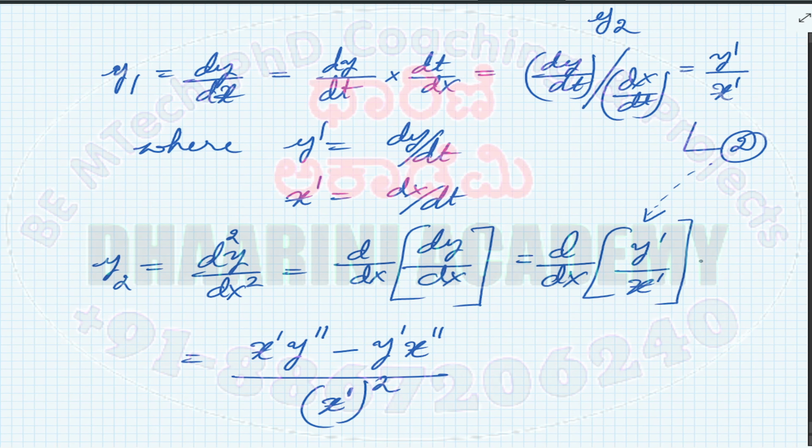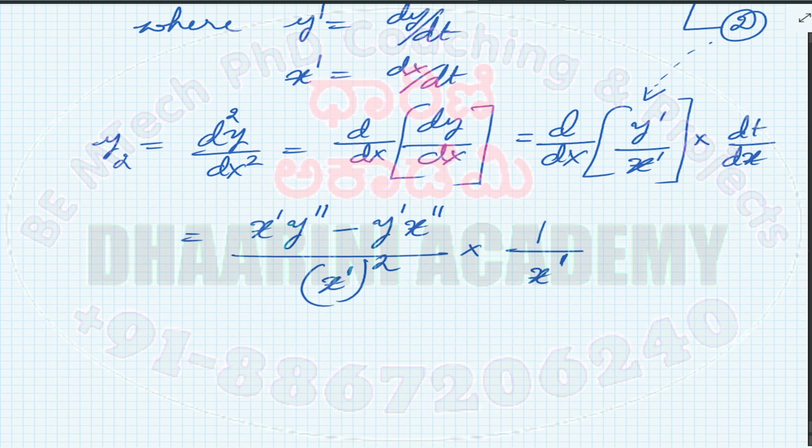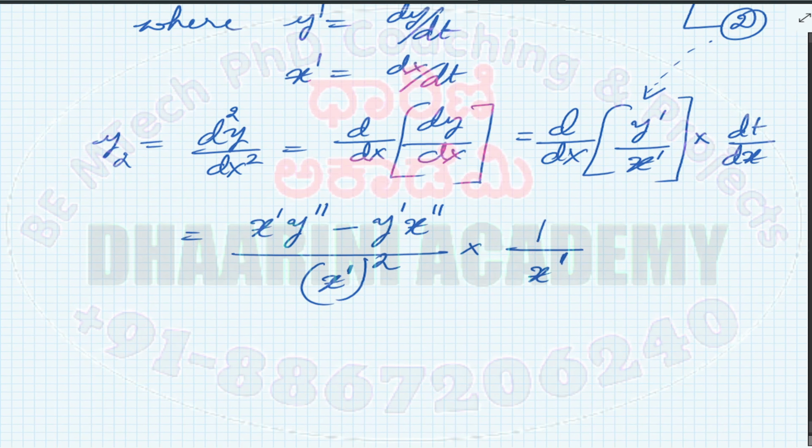Okay, I missed one term there. I'll just write that term, that is dt by dx, because it's a function of time, so I want to bring the time over there. That's why I need to do this. So what is dt by dx? It's 1 by x dash, so I have to write a 1 by x dash over here. It's simply the chain rule being applied, and also we are using the quotient rule here to simplify this.